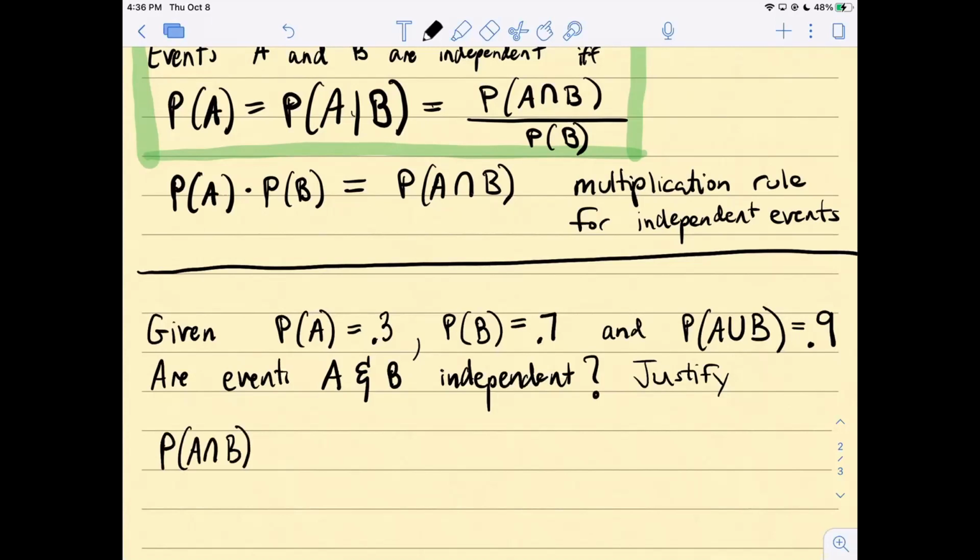Perfect. And so if you do that and find what the and is, if you take P of A times P of B, and you get the P of the and, then they're independent. That was excellent. Yes, so P of A plus P of B minus P of A union B.